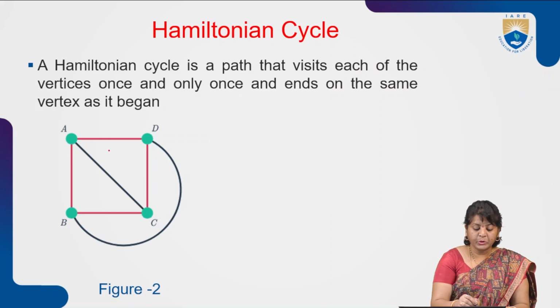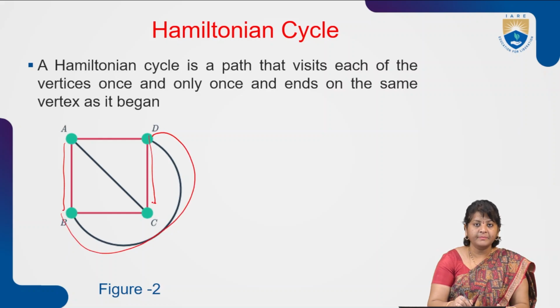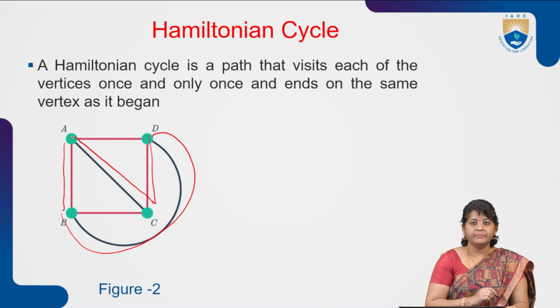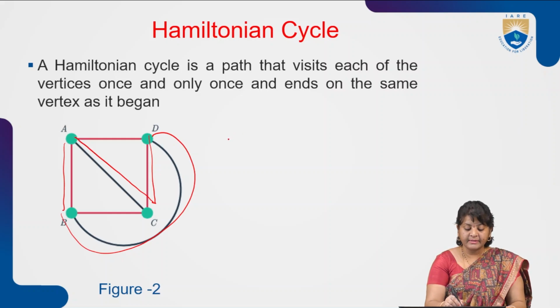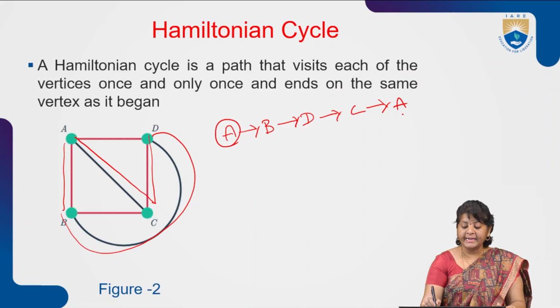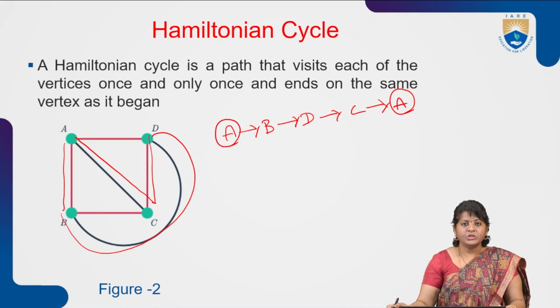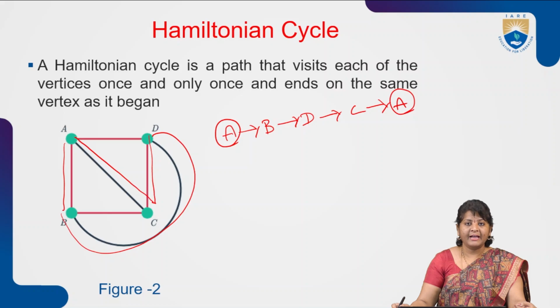So now I am going to start from A to B, B to D, D to C and C to A. Where we started, we are ending at that vertex. Here, there are many possibilities. We can start anywhere in the graph.